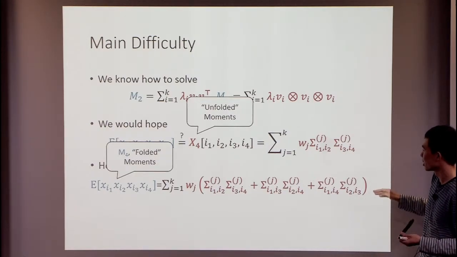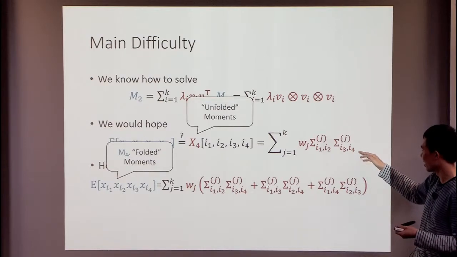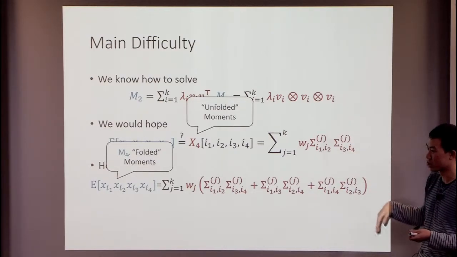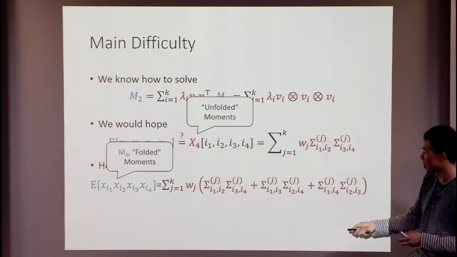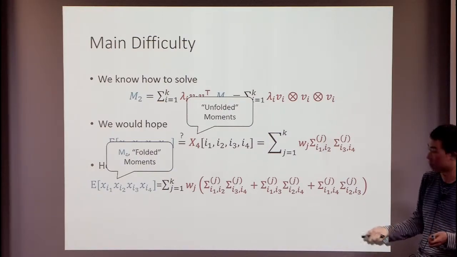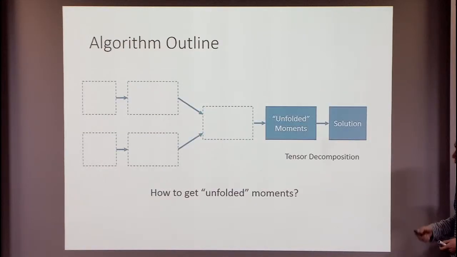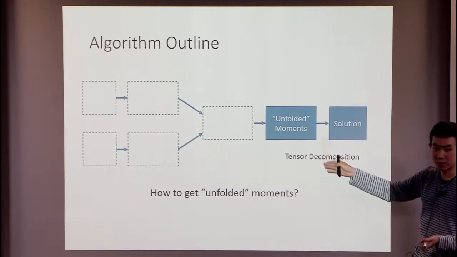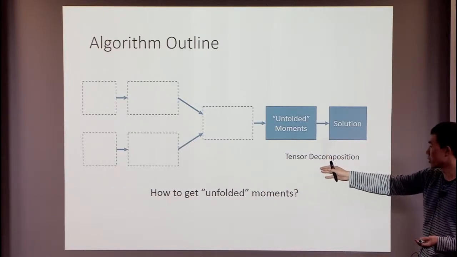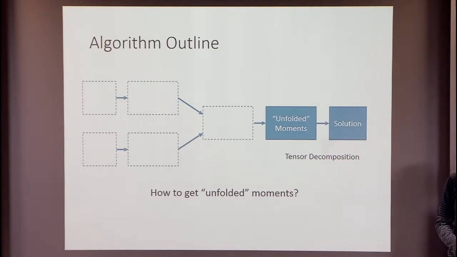By the way, throughout the talk, all the red things will be unknowns, and all the blue things will be things that we already know. So the problem becomes: how do we get unfolded moments? Because once we get them, we can do tensor decomposition and get the solution we want.